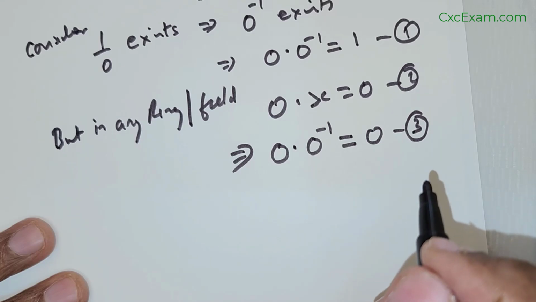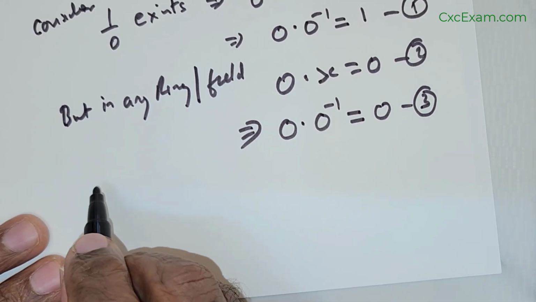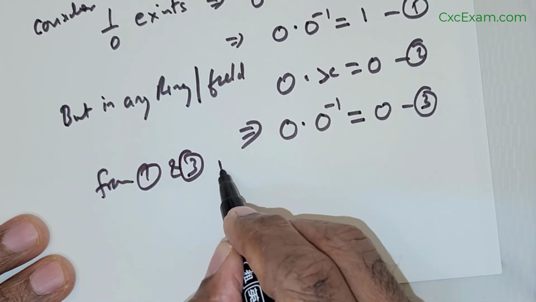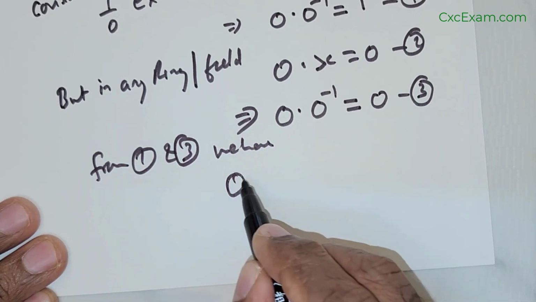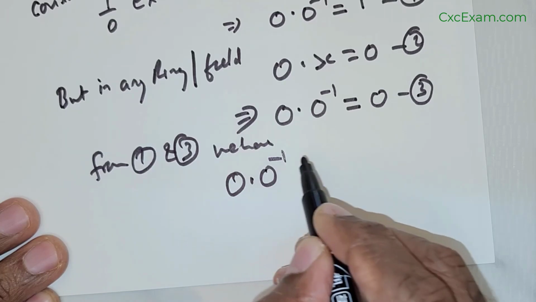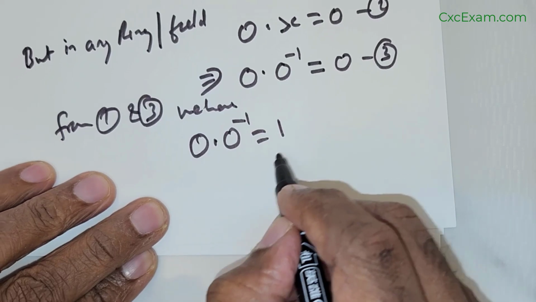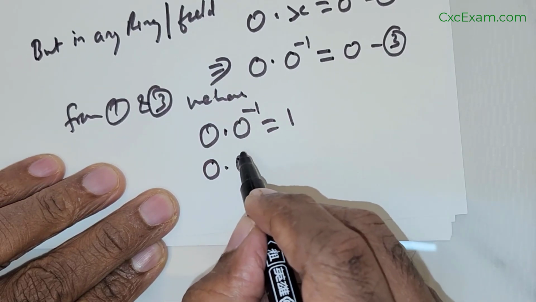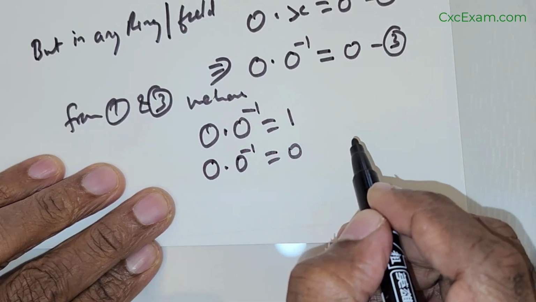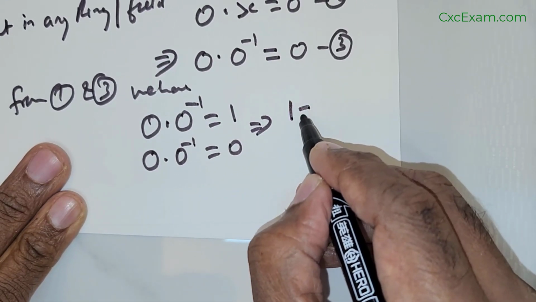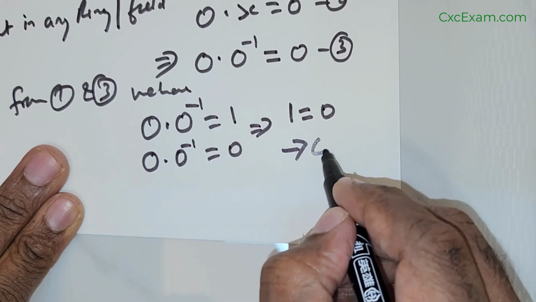So from 1 and 3 we have 0 times 0 inverse is equal to 1, and then we have 0 times 0 inverse is equal to 0, which in turn would mean 1 is equal to 0, which is a contradiction.